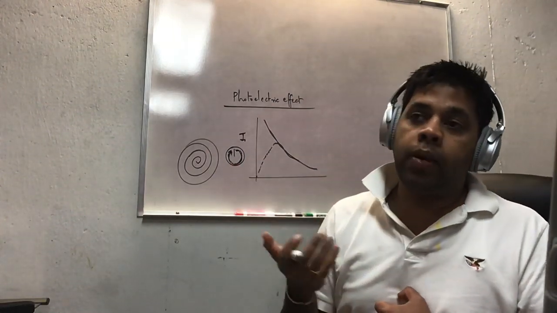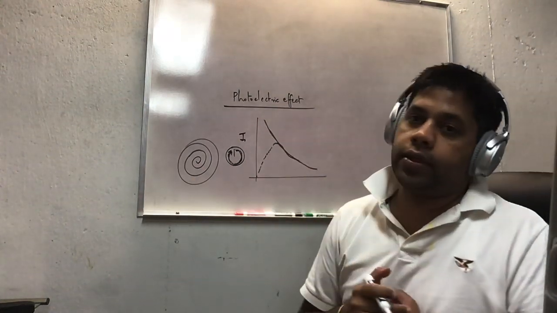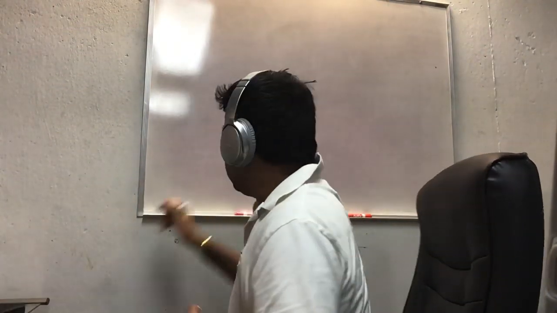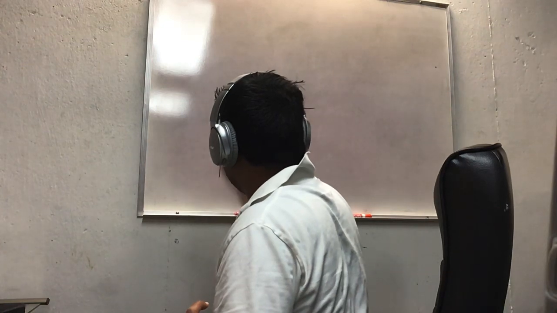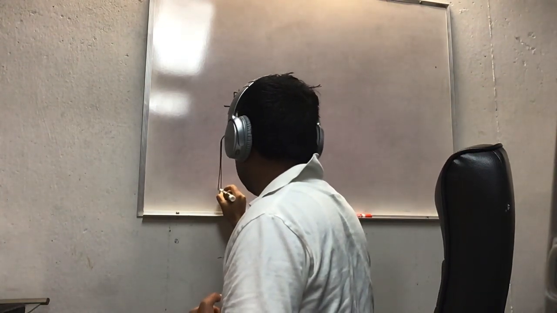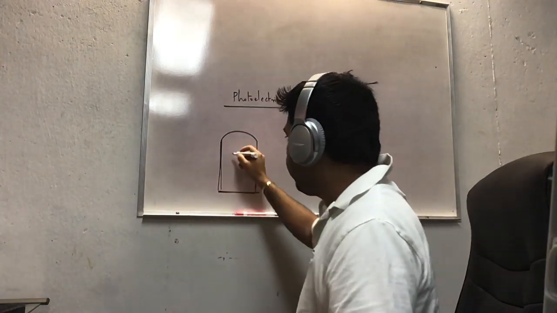The name photon was given by Einstein by conducting the photoelectric effect. So what is a photoelectric effect? So what he did was, he took a glass container, nothing in it.